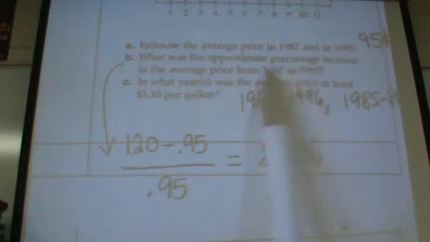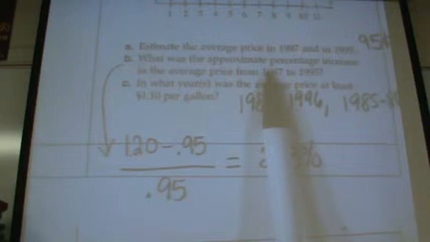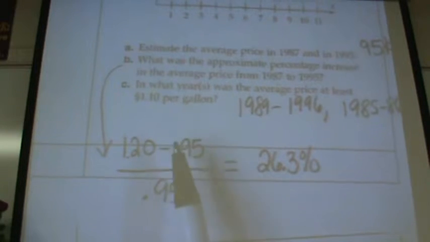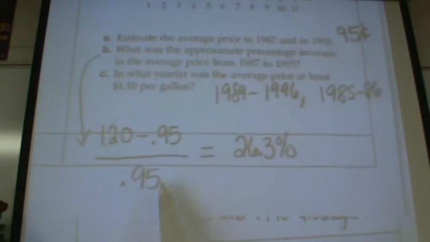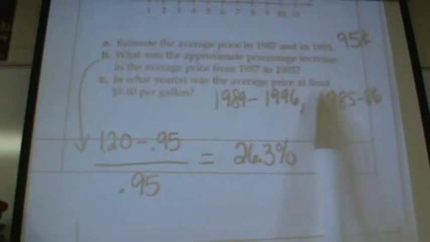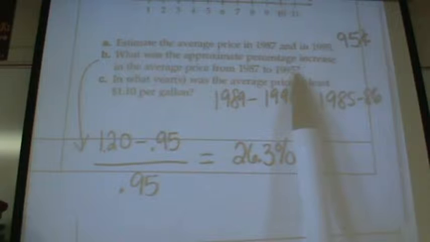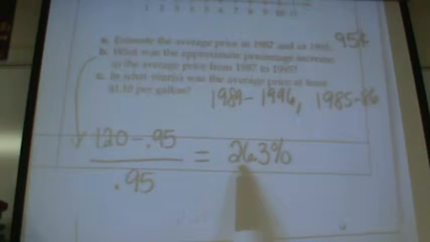Take the bigger number and subtract the smaller number, because you don't want a negative number here. So it's $1.20 minus 95 over 95, and you turn it into a percent. Now, why is it an increase? Because from 87 to 95 it went up, so it's a 26.3% increase.